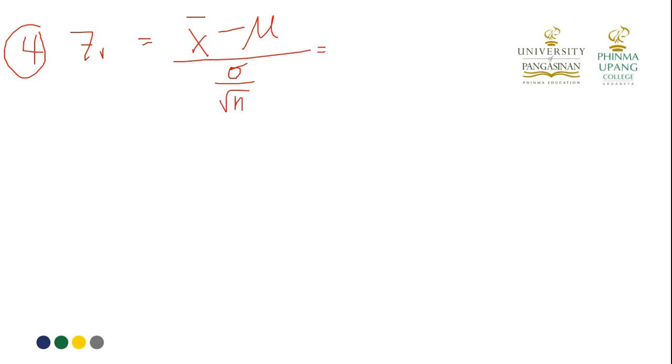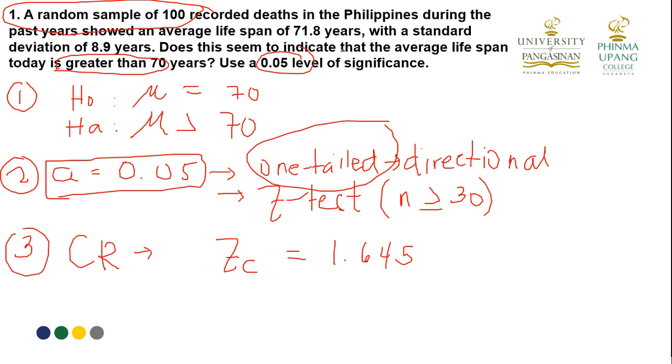In the problem, our sample mean is 71.8. Sir, how are we going to identify if it is the sample mean or the population mean? As you can see in step number 1, you can immediately tell the population mean because it is the one in the HO and HA.